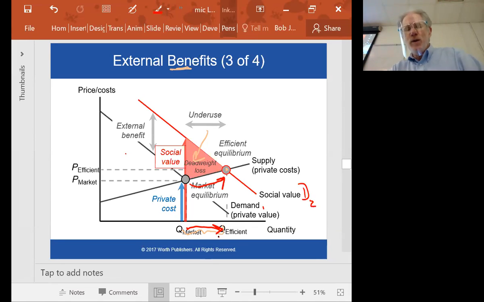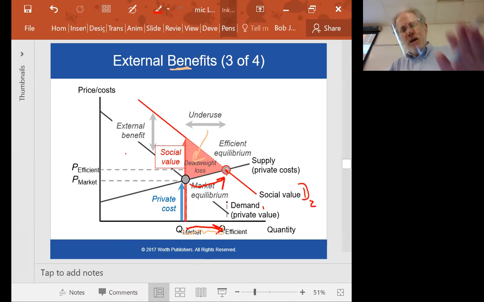So again, just like with the external cost, if you know the amount of the externality, and if it's the same for every person, then you can just impose a subsidy equal to the externality. It solves the problem.